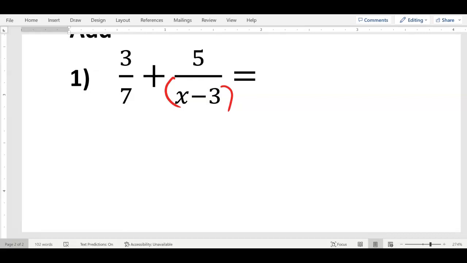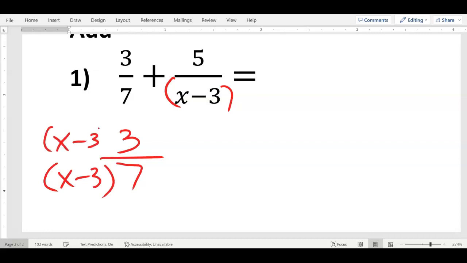Question? Yes. Is it 7 times x minus 3, or is it just 7 times negative 3? X minus 3. So the whole left fraction right here is going to be times x minus 3 on bottom and top. Okay, so do you see how I'm making the bottom have both denominators?